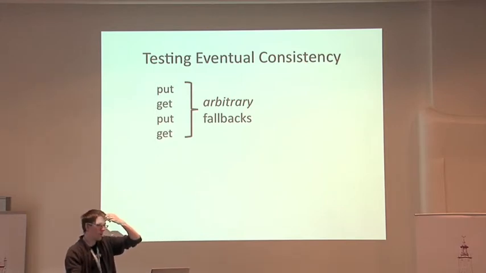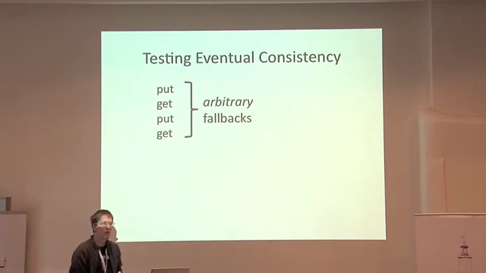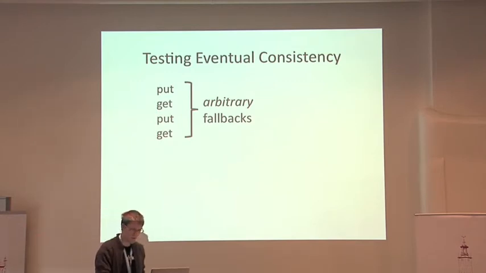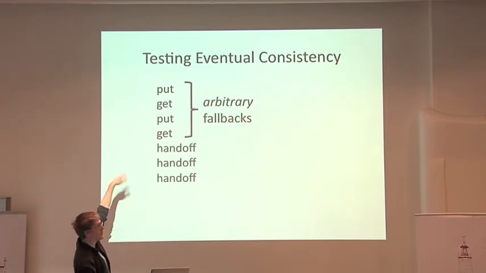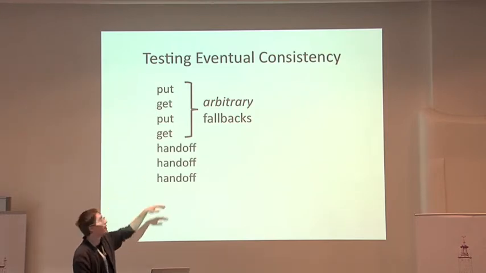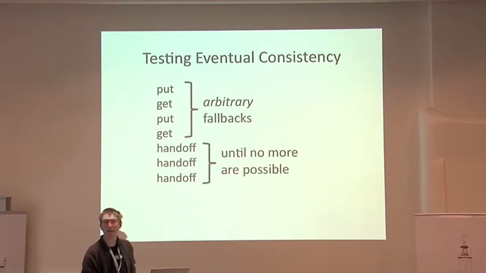But then we want to test eventual consistency. Eventually things should become consistent. When does eventually happen? Well, one way of doing that is to say: first we run our operations, and then we just run as many handoffs as are available.